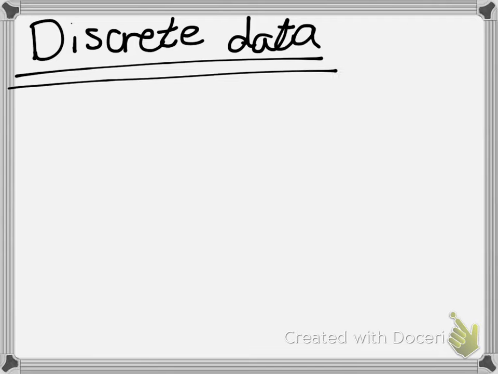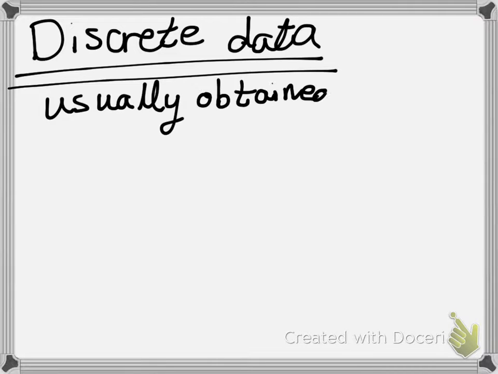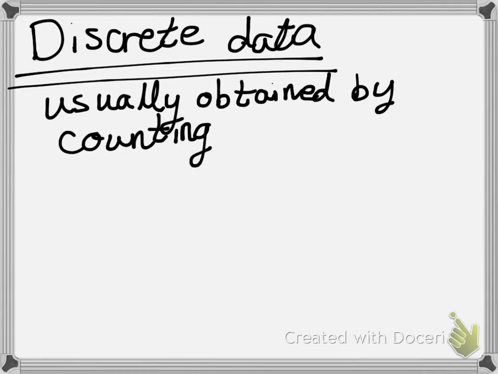There's one more thing that I want to talk about, which is your type of data. You can have discrete data, which is usually obtained by counting. Basically, you count how many people are in a room.